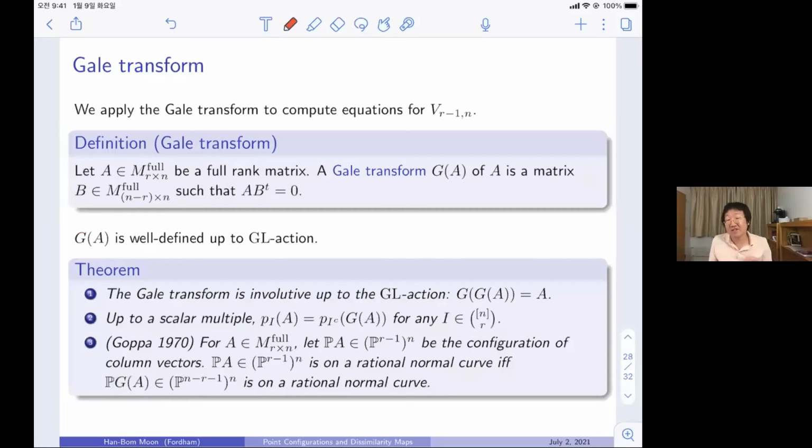This is really surprising because the Gale transform lies in a different dimensional projective space. So there is a very strange, mysterious connection between point configurations in 2 different dimensional projective spaces.